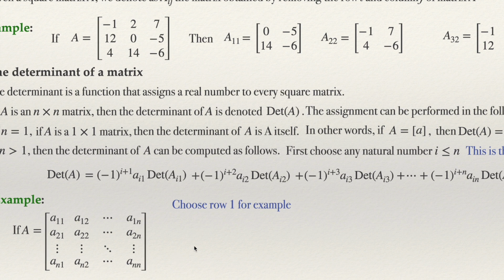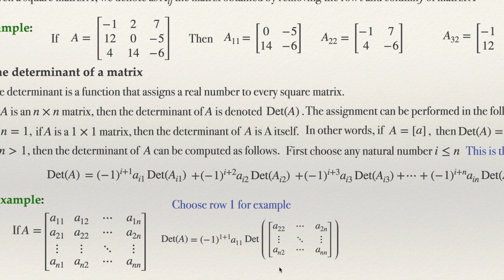So let's do it. The determinant of A will be minus 1 to the power 1 plus 1, A sub 1,1, and then eliminate row 1, column 1, and you obtain this matrix here. Second, you take the second element of the same row 1, A sub 1,2. Then you add minus 1 to the power 1 plus 2, which is minus 1 to the power 3. But minus 1 to the power 3 is negative 1.